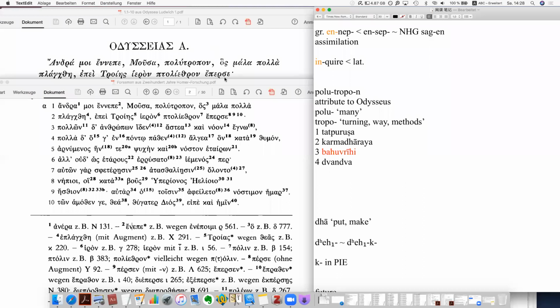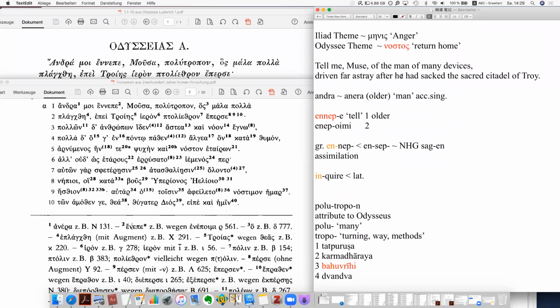So this is actually a difference. And then mala actually means quite a lot. Yeah, it is not translated in the English translation, but mala means a lot, quite a lot. In German, it's ganz, wholly. Yeah. And then pola means a lot, many.